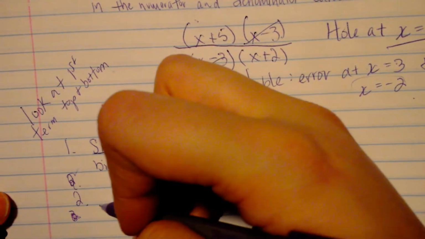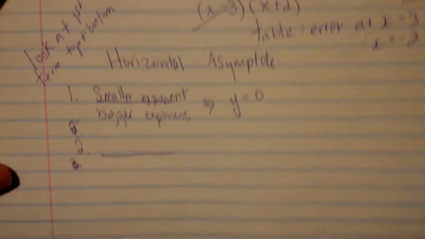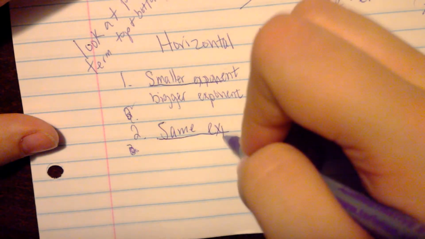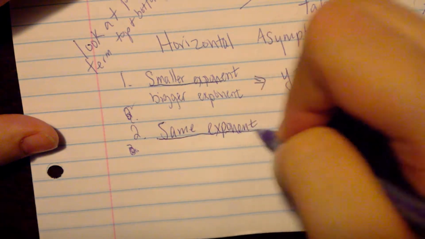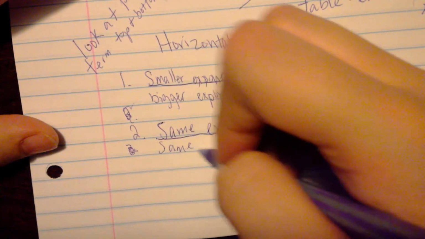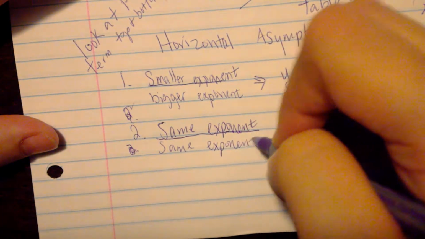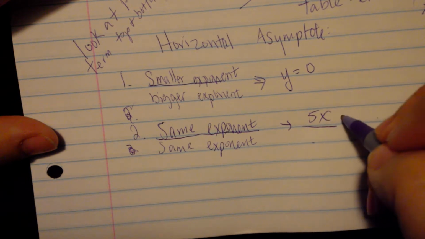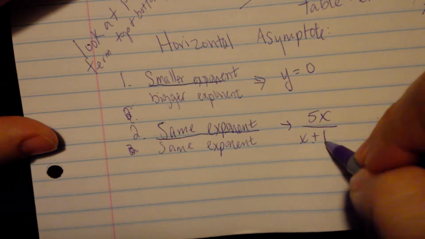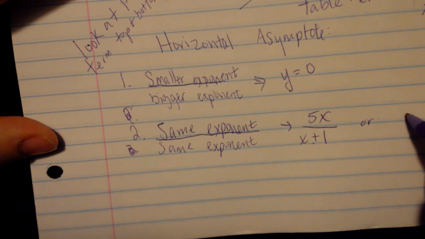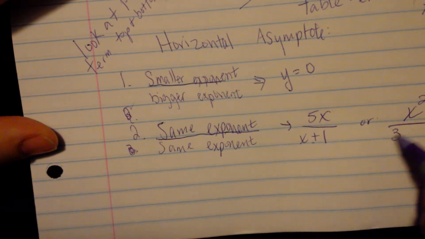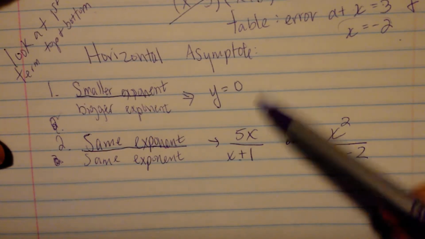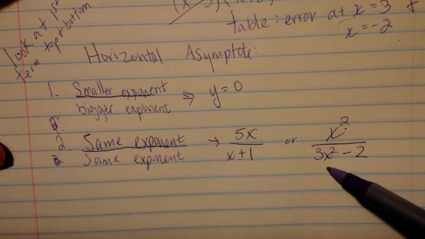And the next case is if they have the same exponent. That's like 5x over x plus 1, or x squared over 3x squared minus 2, or something like that, where it's x and x, square, square.